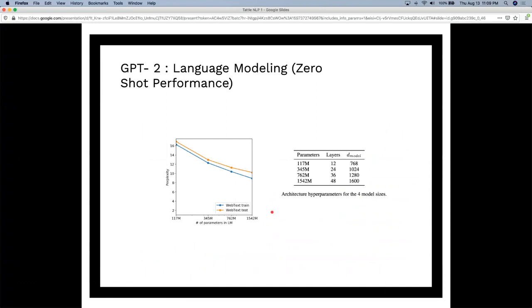One important takeaway from this paper is that the beginning of this scale is similar to GPT, and then this is 1.5 billion. That is the GPT-2 final biggest model. In this process, one extremely surprising thing for me was that the perplexity keeps going down, not just on train, but also on test.